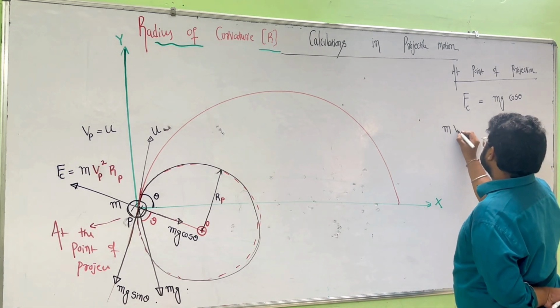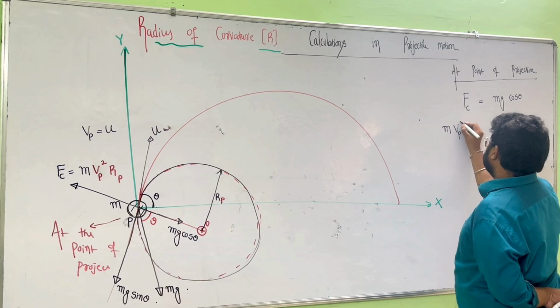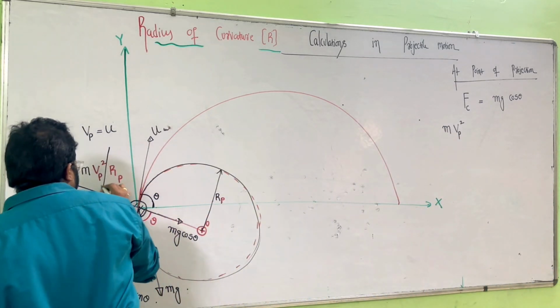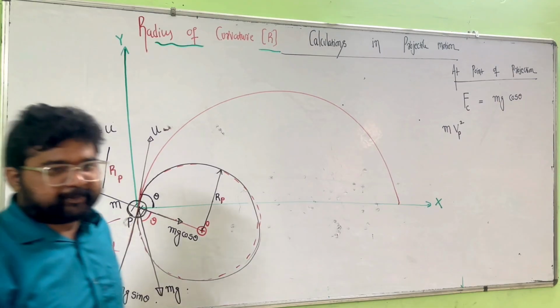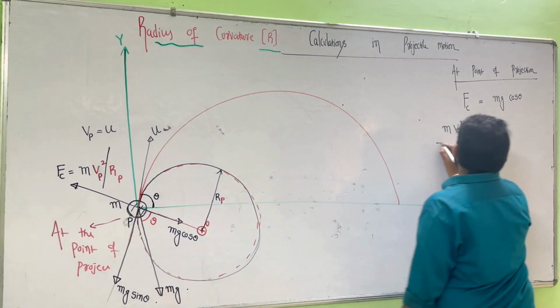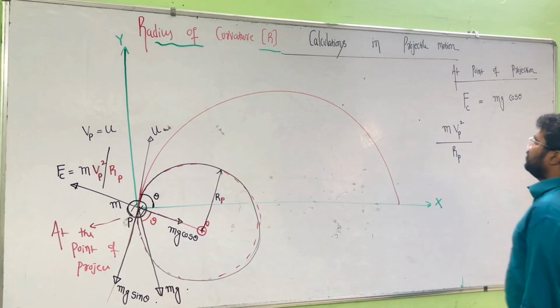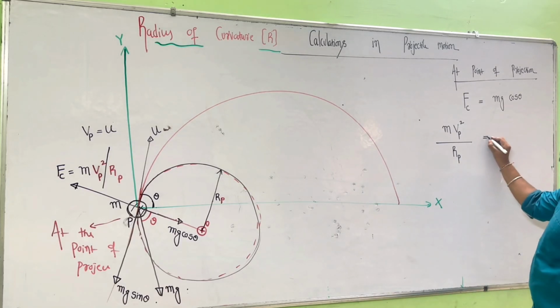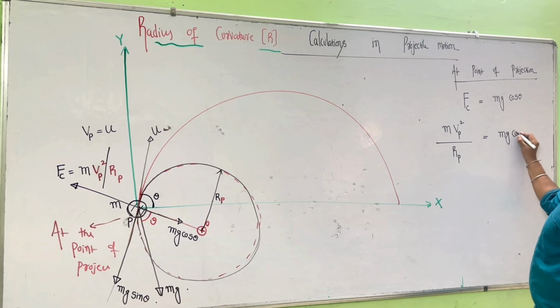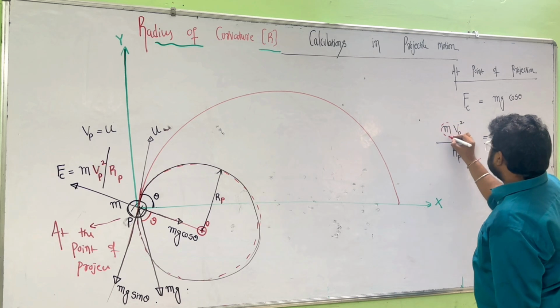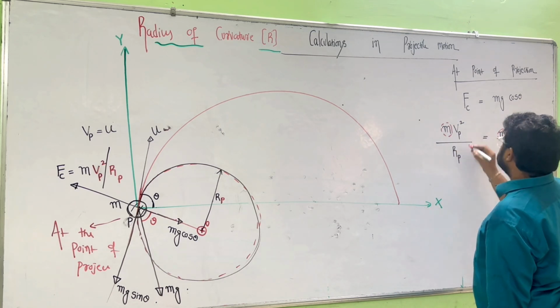M into Vp square by Rp, where Rp is the radius of curvature at the point of projection. That equals Mg cos theta. Clear? The M and M get cancelled out.